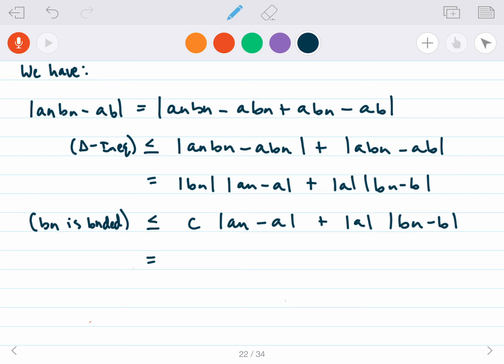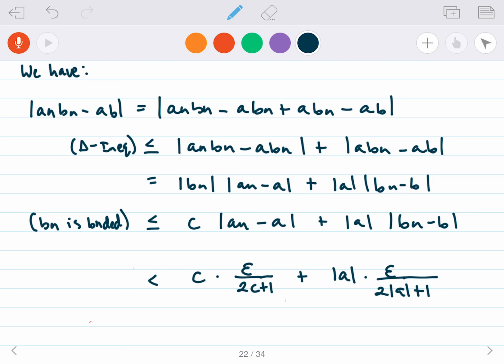And this is going to be less than c times epsilon over 2c plus 1. That was our definition of epsilon 1, so I'm just using the fact that this is less than epsilon 1 here, plus the absolute value of A times epsilon over 2 times the absolute value of A plus 1.